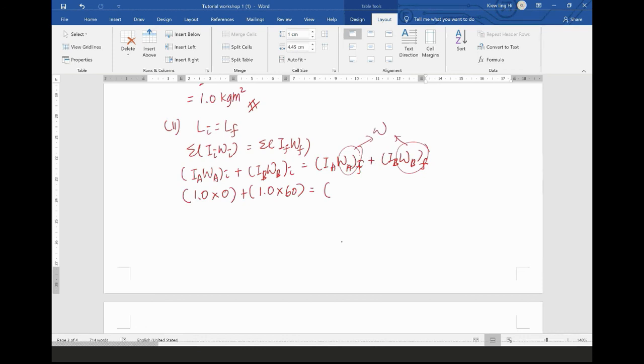So your I_A plus I_B, 1.0 plus 1.0, times omega final. Eventually you get a value of 30 radians per second.